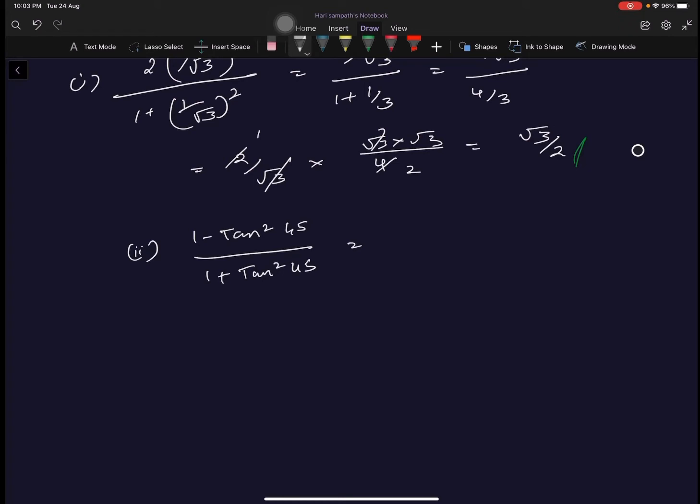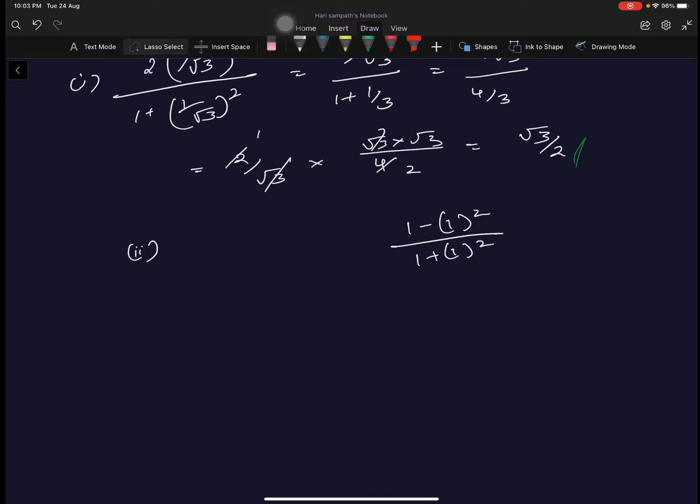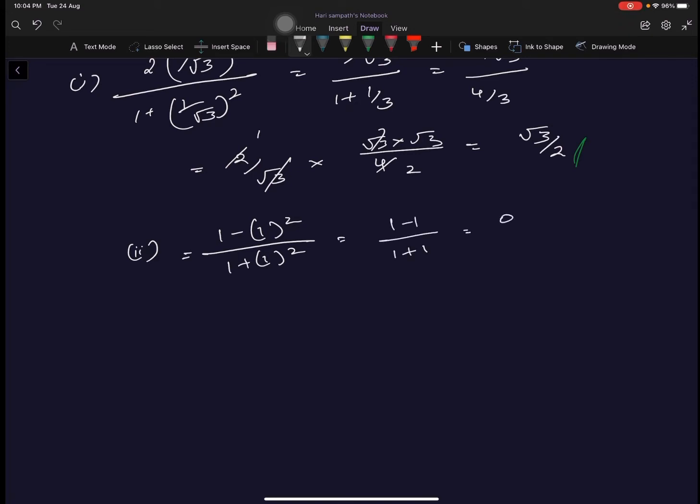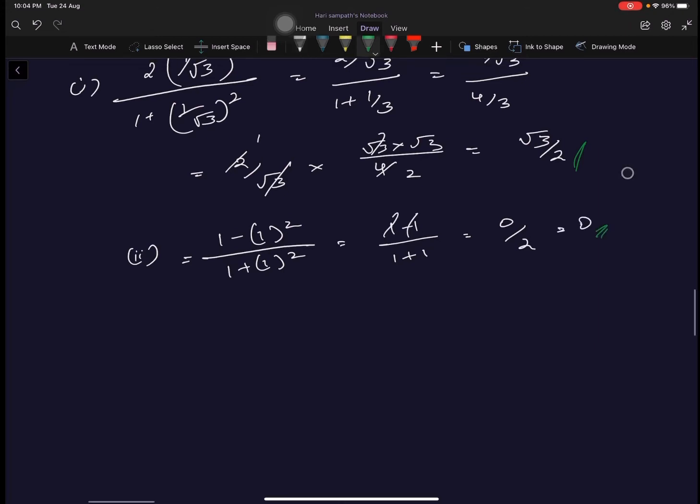Tan 45 is 1. So 1 minus 1 square by 1 plus 1 square. That is 1 minus 1 by 1 plus 1, 0 by 2. So the answer is 0. 0 is the final answer.